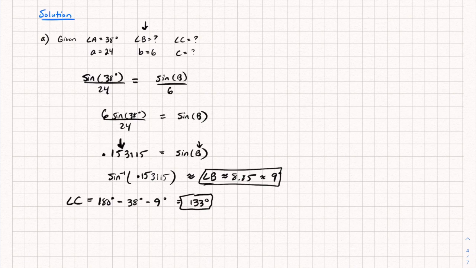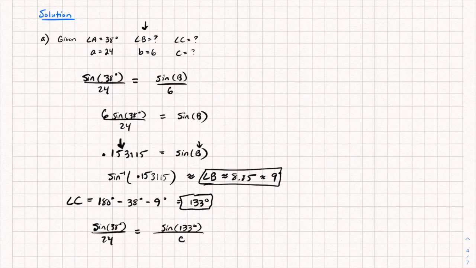And now I can use this to find my little c. I can find little c by doing sine of 38 over 24, again using the given information, equals sine of 133 degrees divided by little c.